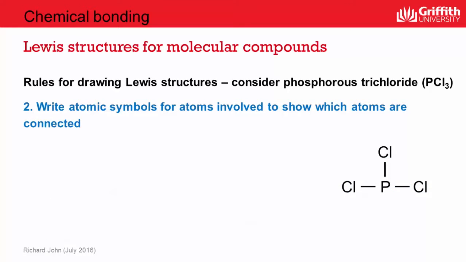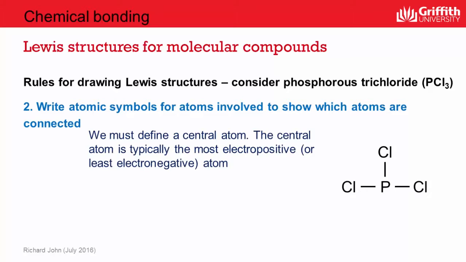Step 2 is we write the atomic symbols for all the atoms involved to show which atoms are connected. We have to define a central atom, and the central atom is typically the most electropositive or the least electronegative atom.